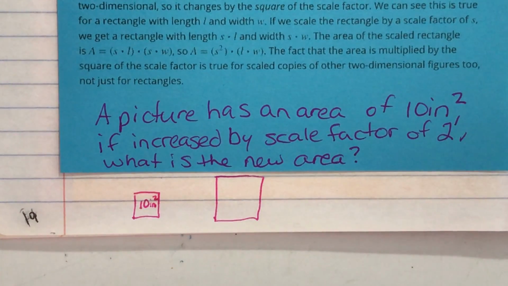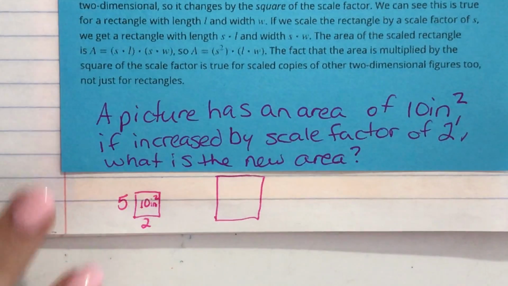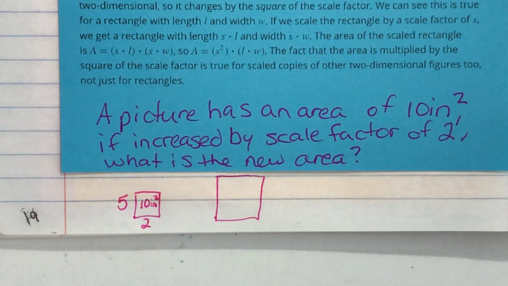What could my side lengths have been in that picture to get 10 inches squared total? Cammie? Okay, so 2 and 5, because length times width gives me 10, right?